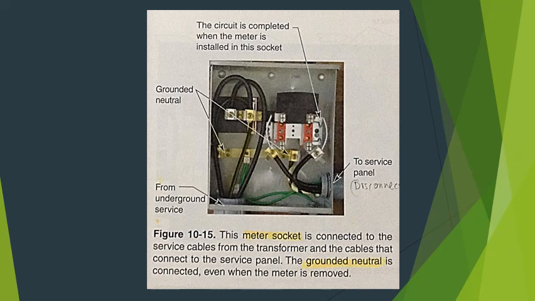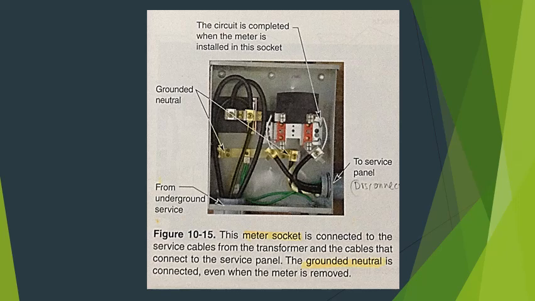The meter socket is contained inside of the meter enclosure, which is the box that attaches to the service conduit. The meter socket and enclosure are usually sold together and are referred to as a meter socket. See figure 10-15.